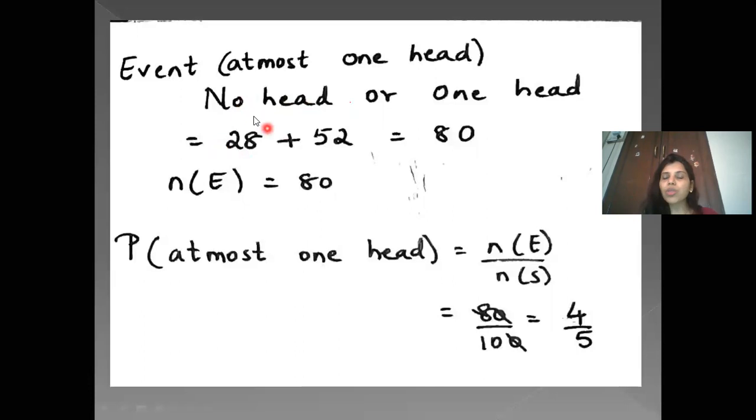So no head, the frequency is 28. 1 head, the frequency is 52. So 28 plus 52 is 80. So number of event is 80. So probability of at most 1 head is 80 upon 100. Then you cancel this 0, 0. 2 fours are 8. 2 fives are 10. So your answer becomes 4 upon 5, because you cannot further simplify it.